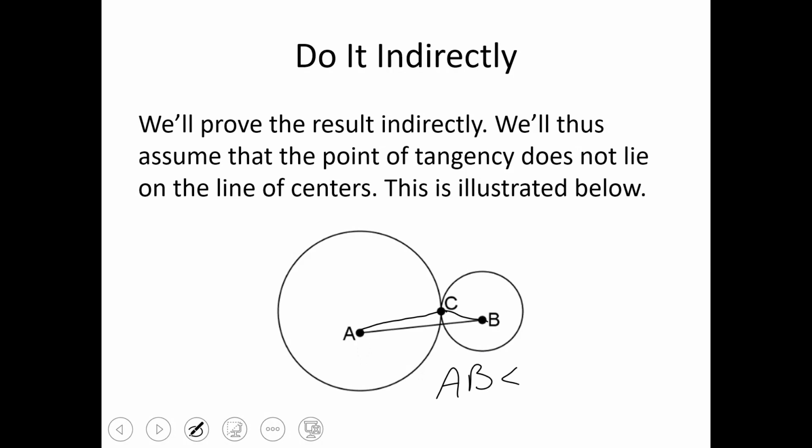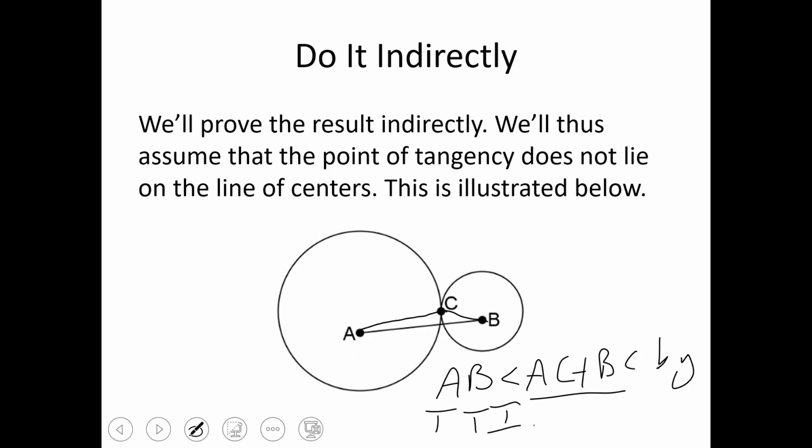And then let's ask ourselves whether that could be true. Well, AC is a radius of the left circle. BC is a radius of the right circle. So the right-hand side, which I just underlined, is a radius plus a radius.